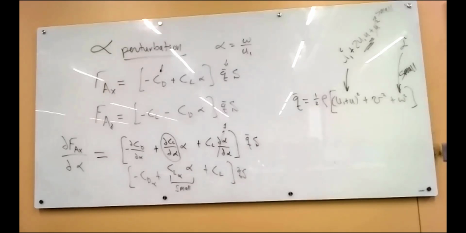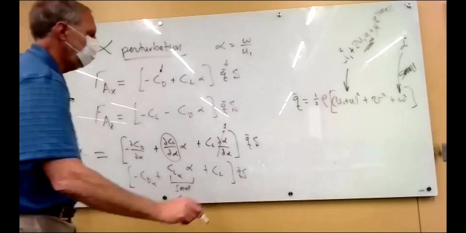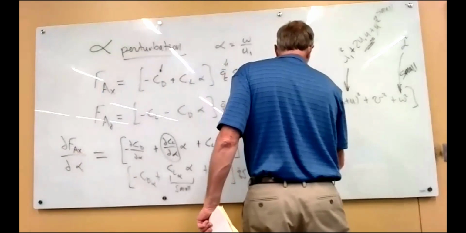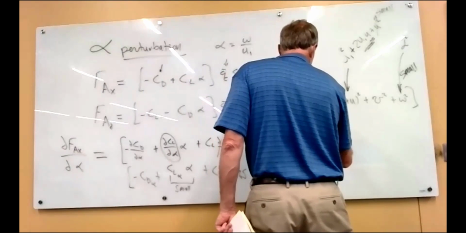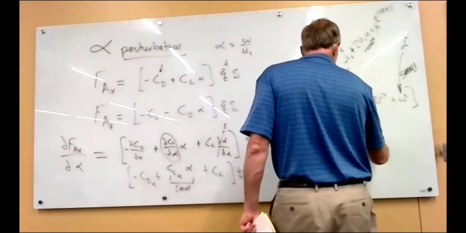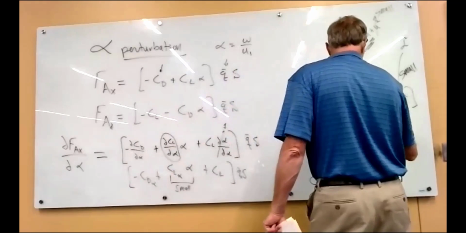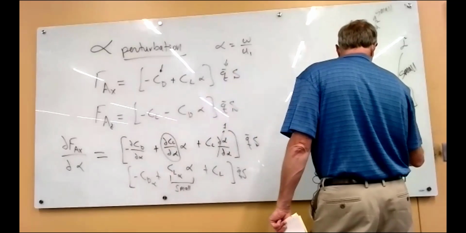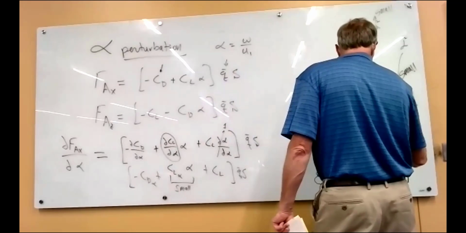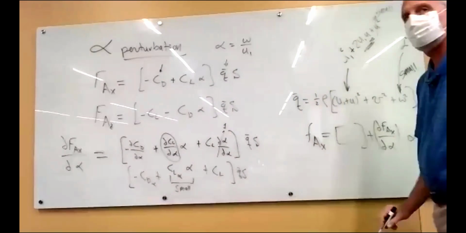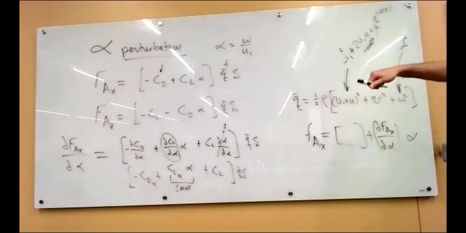So you'd say, well, maybe we want to include that, but what are we going to multiply this by? We've got our derivative here in the term for FAX. We've got the U stuff, and then we're going to take that thing, and we're going to multiply it by alpha, right? Because we're taking the derivative of that with respect to alpha, and then we multiply it by the change in the x-axis to get the value.